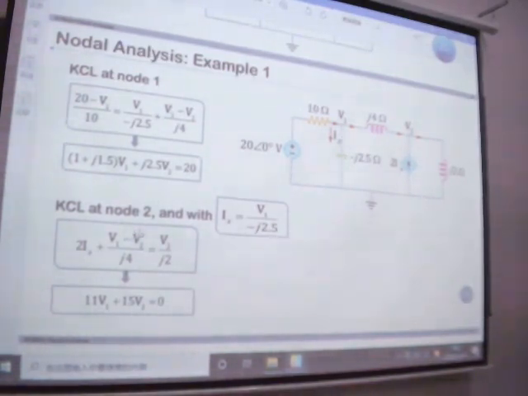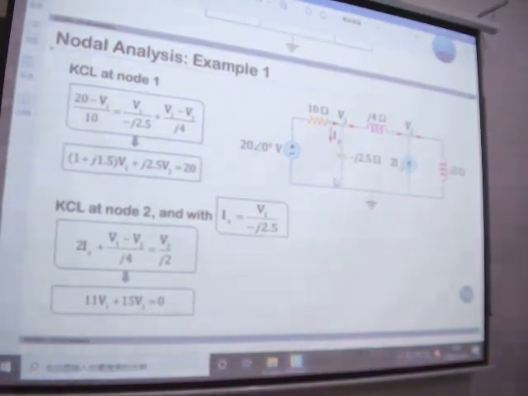How to find out Ix? We can see here that Ix is the current passing through the minus 2.5j. So we can write out the VCR equation for it. We know the VCR equation is U equals IR, right? So our U here is V1 minus V0, and V0 is 0.